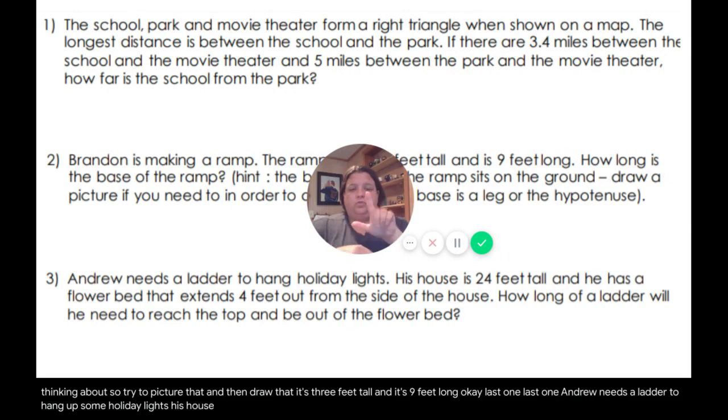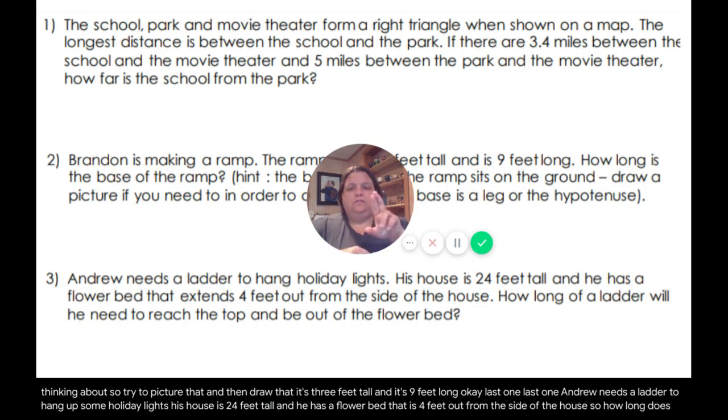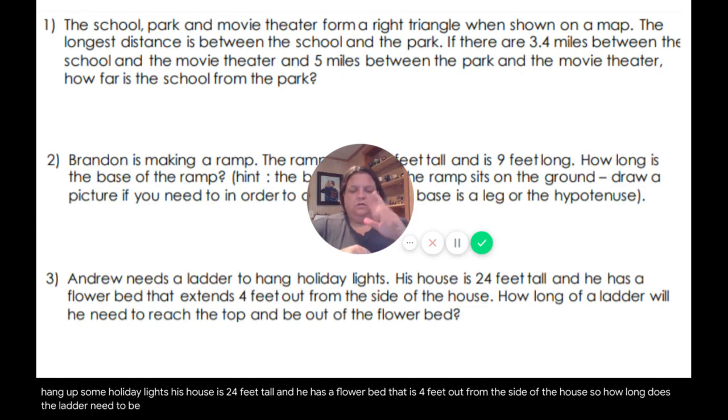His house is 24 feet tall, and he has a flower bed that is 4 feet out from the side of the house. So, how long does the ladder need to be to reach the top of the house and not be in the flower bed?